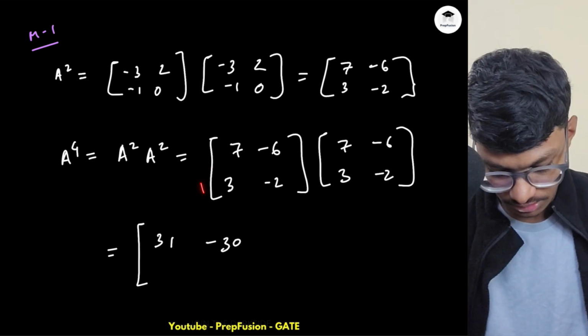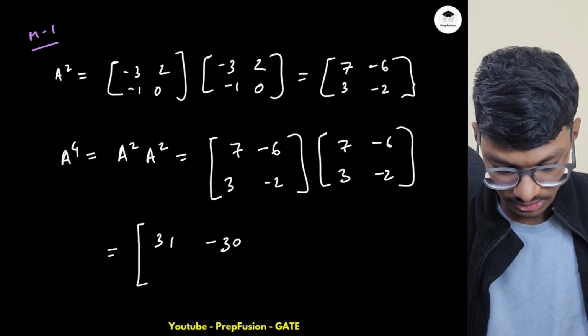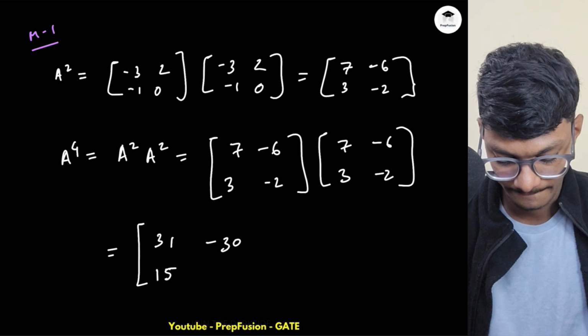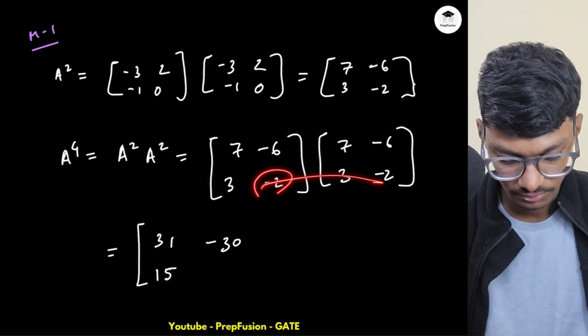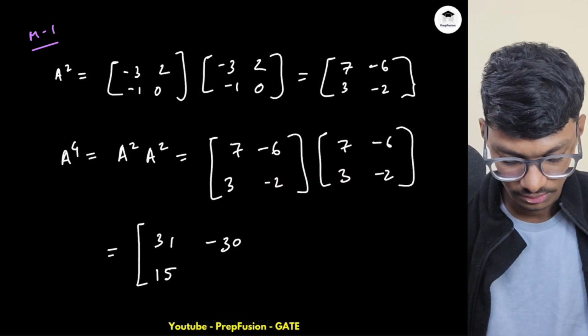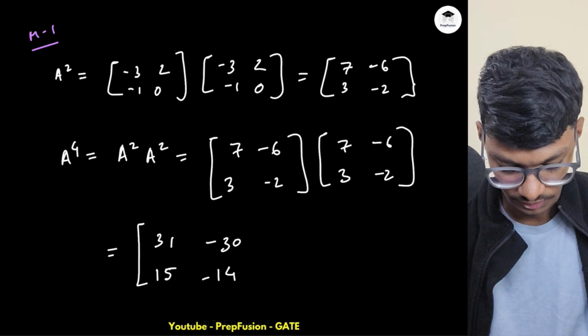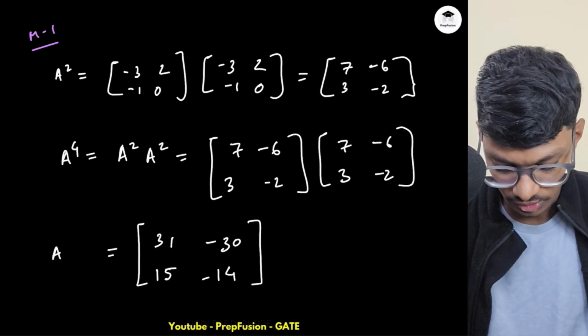Now this is 21 minus 6, which is 15. And this is -18 plus 4, which is -14. So this is what my A raised to power 4 is.